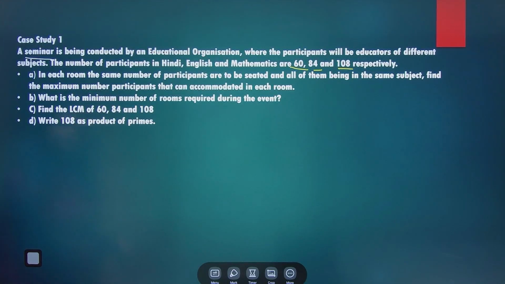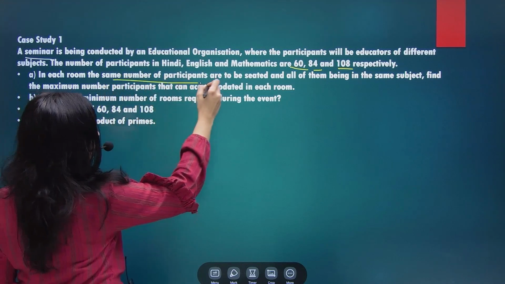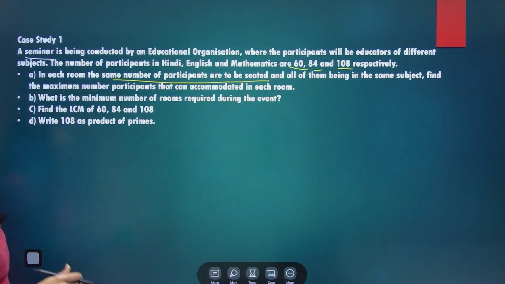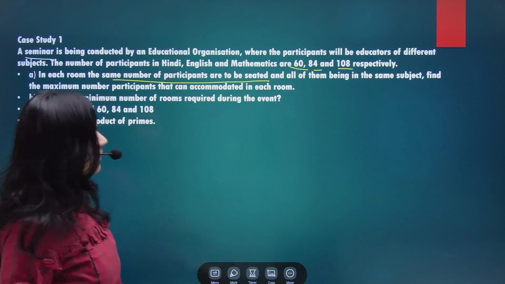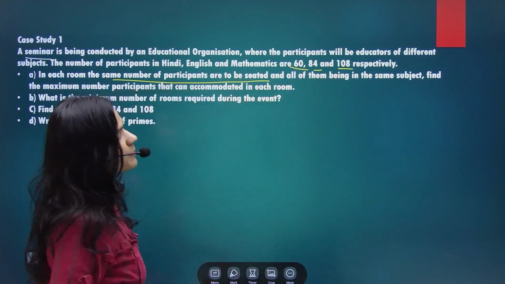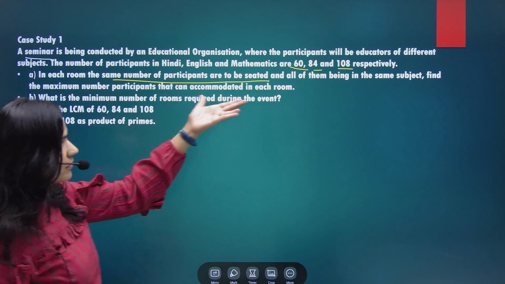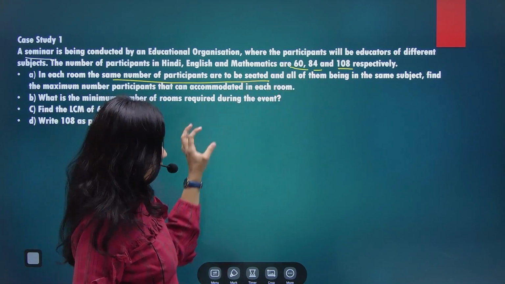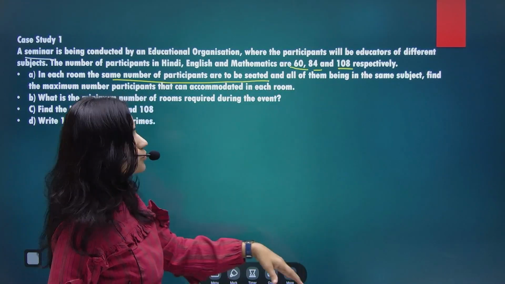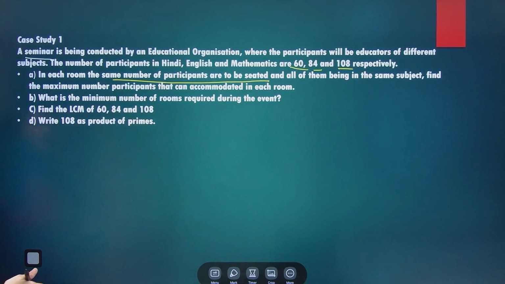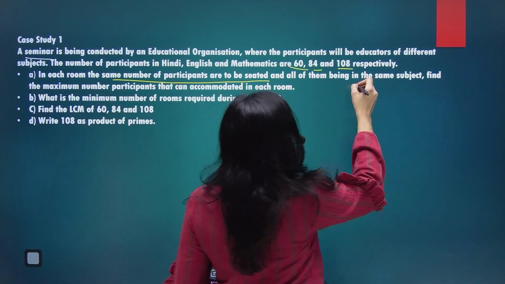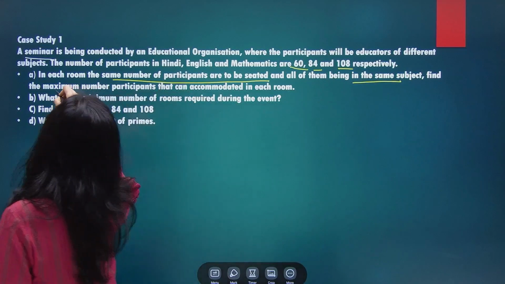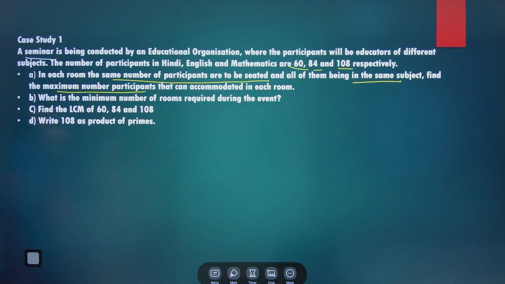In each room the same number of participants are to be seated. अब हर रूम में हमने सेम नंबर ऑफ पार्टिसिपेंट्स को सीट करना. इन पार्टिसिपेंट्स को we have to divide into number of rooms and all of them being in the same subject. Find the maximum number of participants that can accommodate in each room.